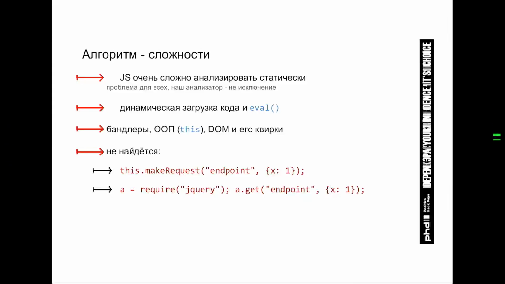This.makeRequest is not something that our analyzer would find, or a equal require jQuery a.get. So you find everything that's related to signatures, but a will not be interpreted as jQuery. So one way out is to complicate static analysis, but it's still difficult for static analysis to analyze JavaScript code.